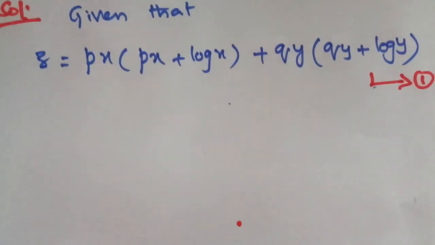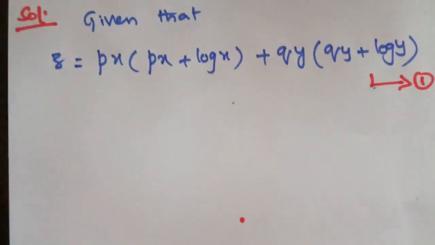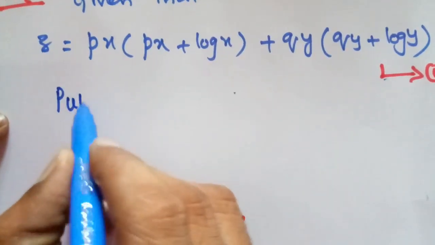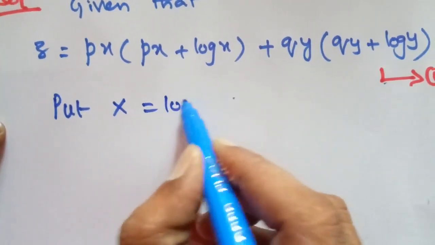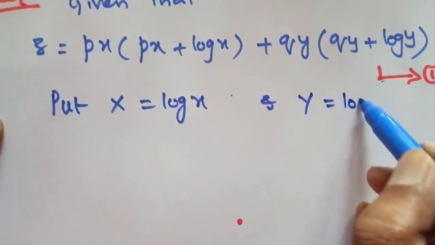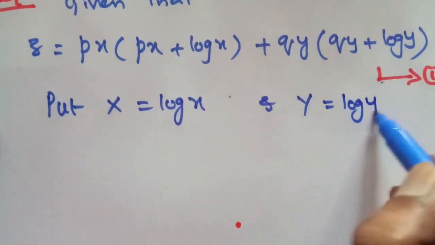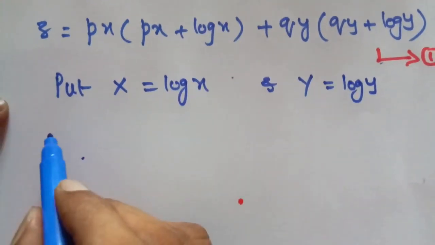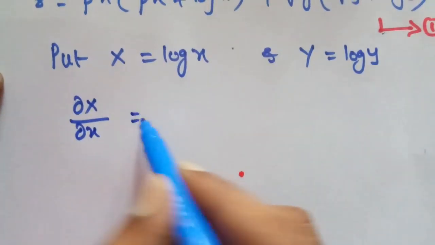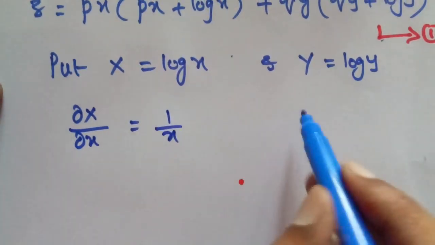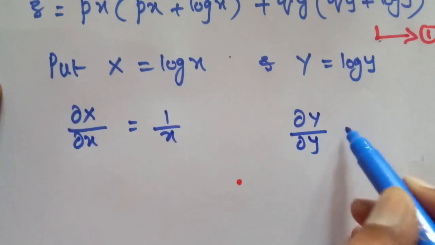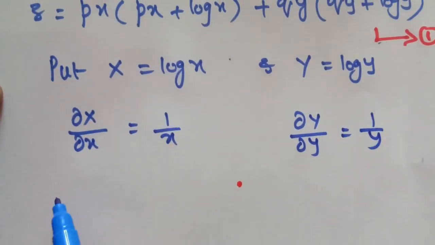Therefore, now the substitution is here. Put capital X is equal to log x and capital Y is equal to log y. Therefore, partially differentiating on both sides with respect to x, dou X by dou x is equal to 1 by x. Partially differentiating Y with respect to small y is equal to 1 by y.